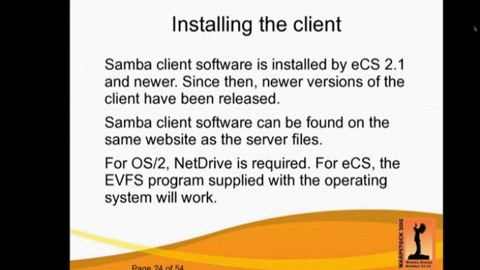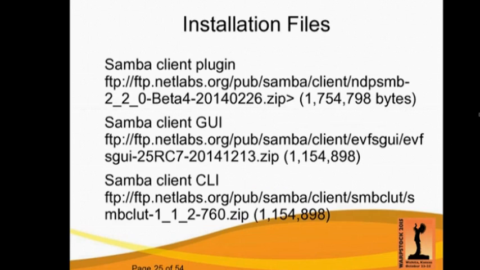Yeah, good. I probably should explain. Okay, next slide, please. Okay, installation files. These are the ones I'm using now. There are other levels that are available, but I sort of want to say, I've been successful with these, so if you have trouble, try this set.